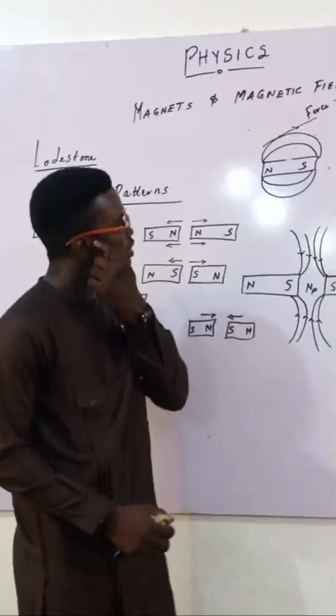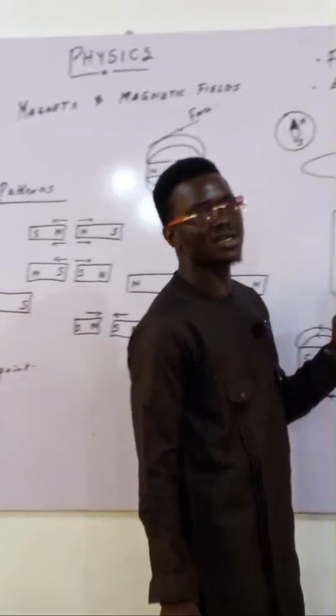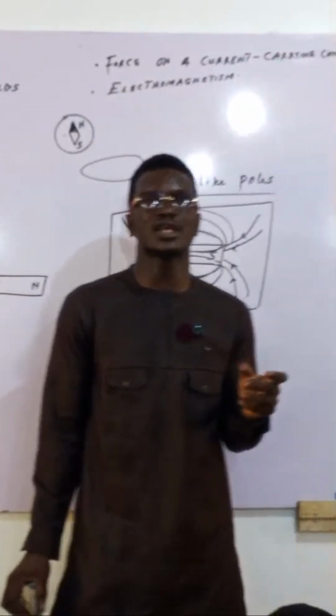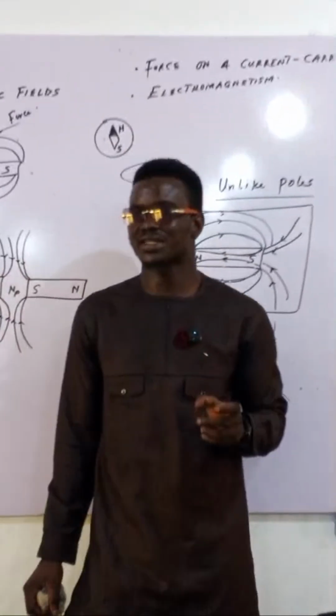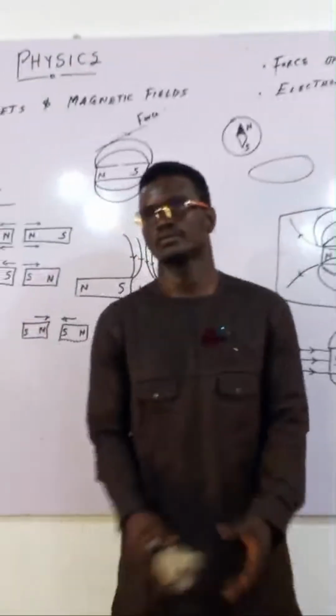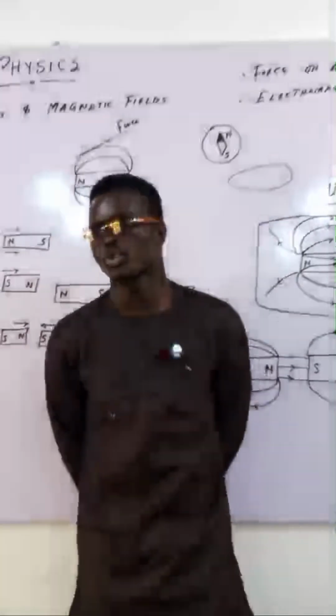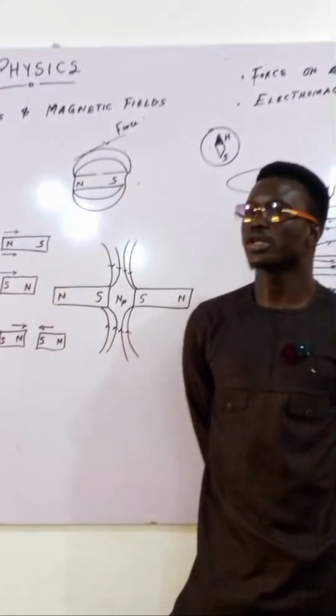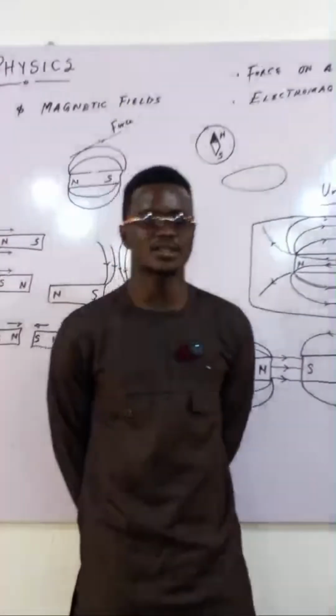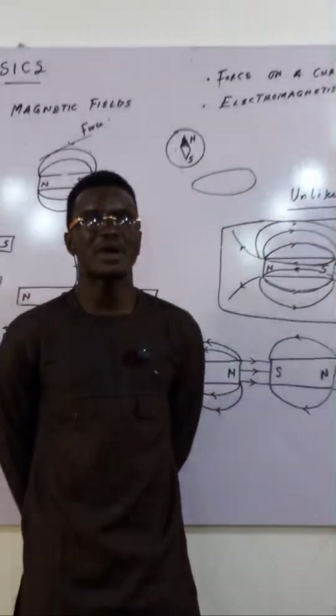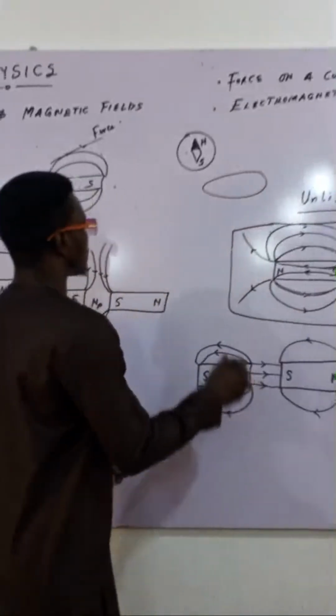Right. The strength of the magnets is strongest at the pole. You remember when I drew it the other time?